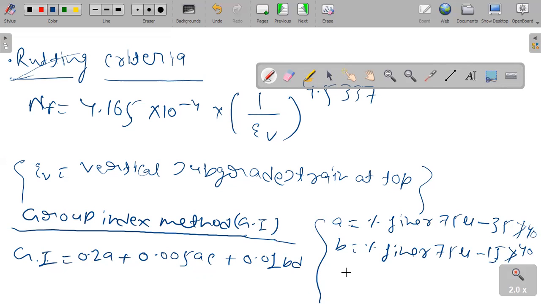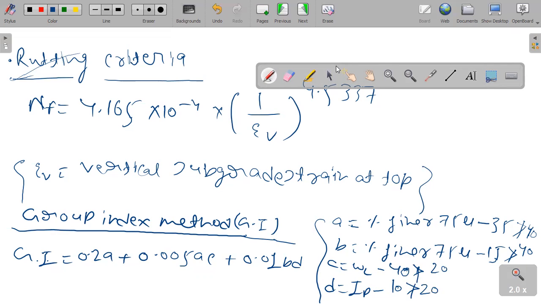And C is WL, liquid limit, minus 40, and should not be greater than 20. And D is IP, that is plasticity index, minus 10, should not be greater than 20.